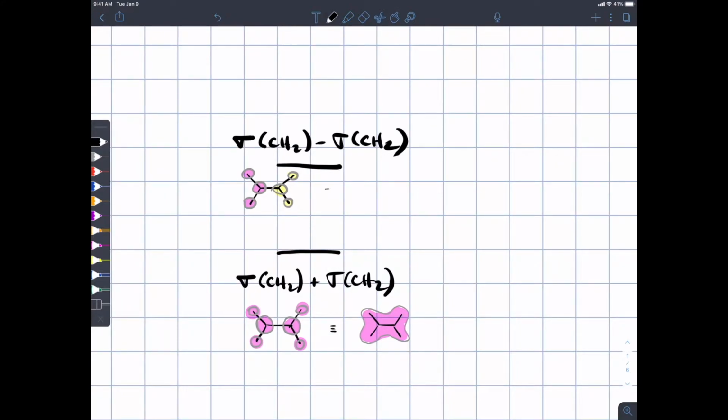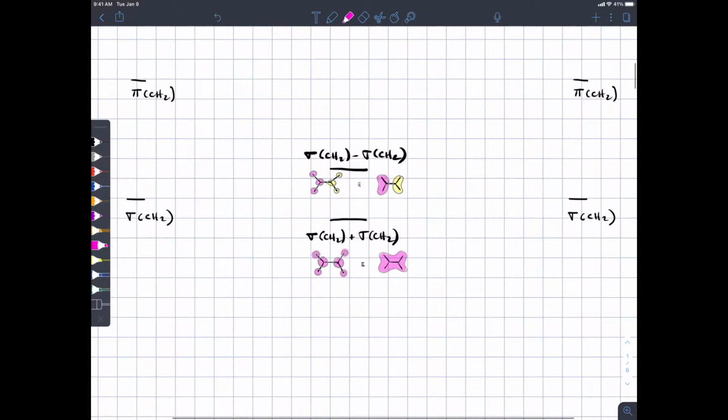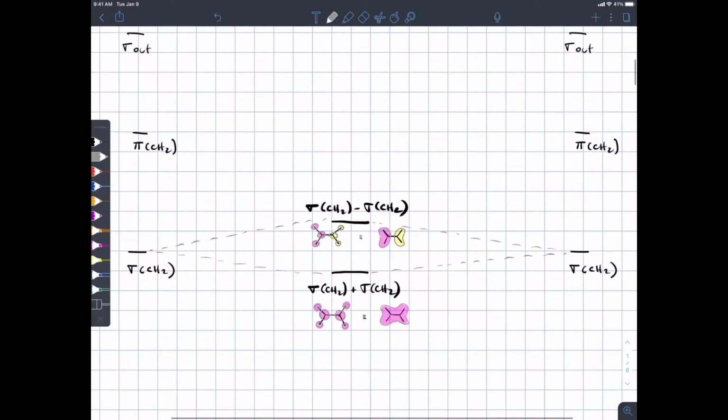If you wanted, we could draw what this orbital really looks like: one lobe of electron density here, another lobe there, sort of this lovely butterfly-looking thing with a switch in the wave function sign in the middle. If you want to, you can include dotted lines here as a reminder for where the molecular orbitals come from, though they're not necessary.